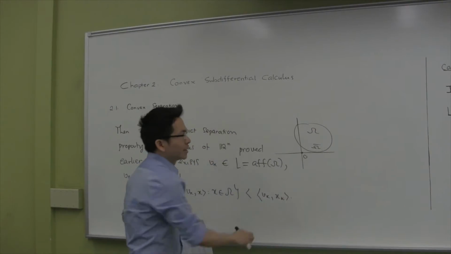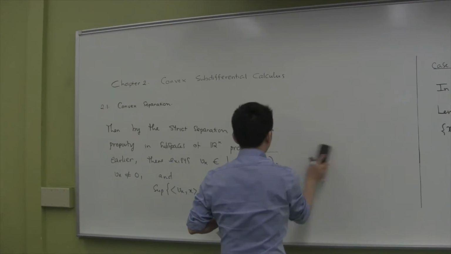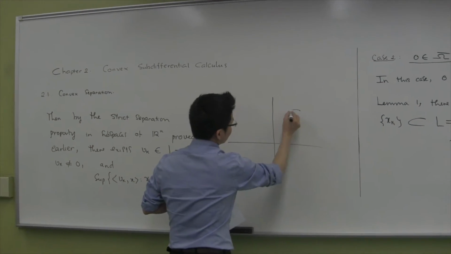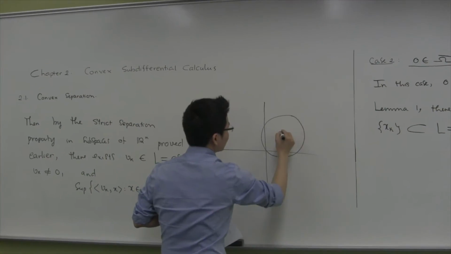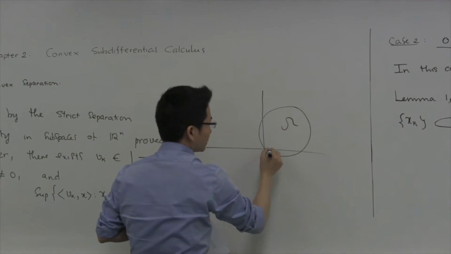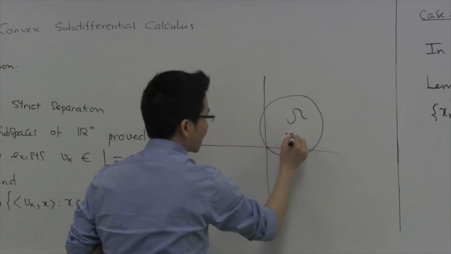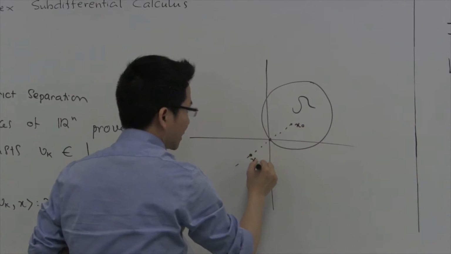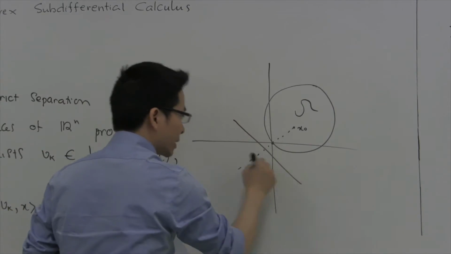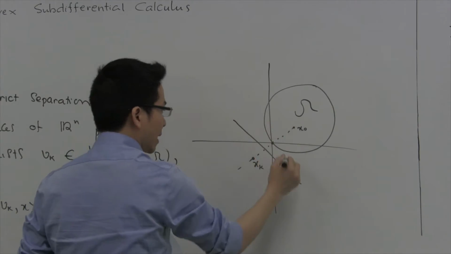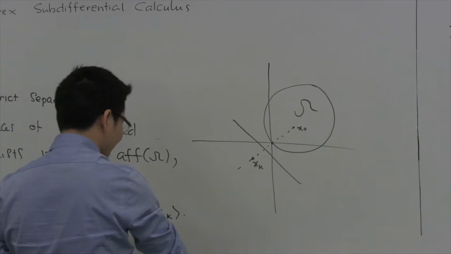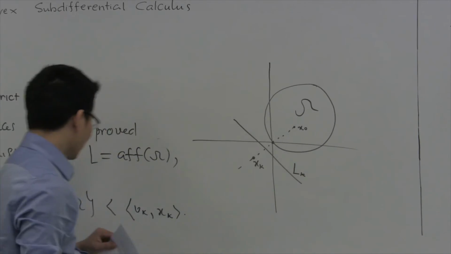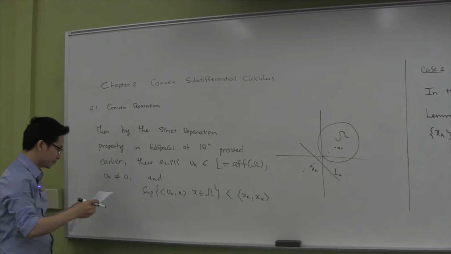Okay, so basically in this situation we see the following. This is omega and this is x naught, this is xk, so we can strictly separate xk and omega by a hyperplane defined by Vk, and we denote it by Lk.